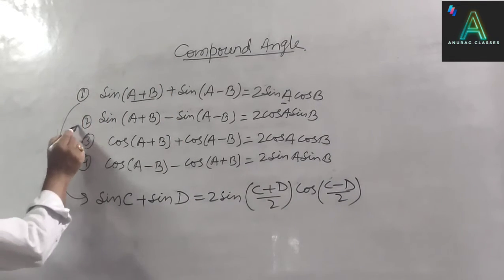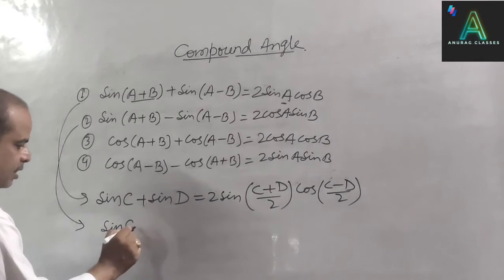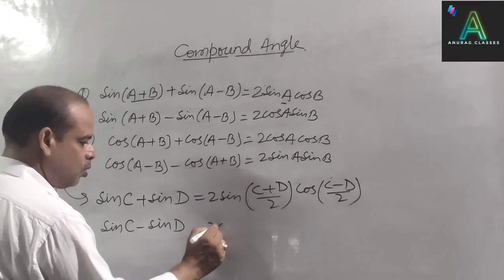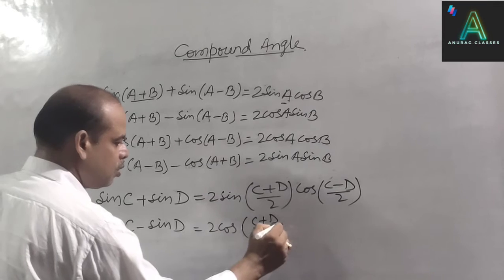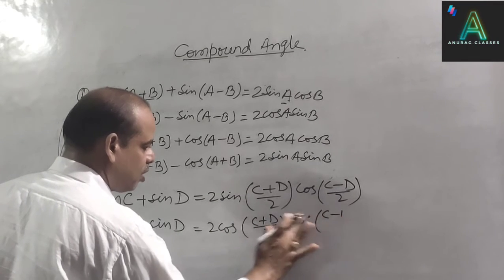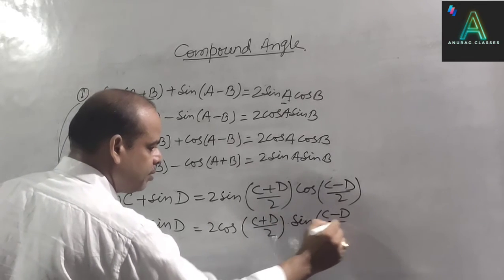Similarly, the second formula can be transformed as sin C minus sin D is equal to 2 cos((C+D)/2) into sin((C-D)/2).